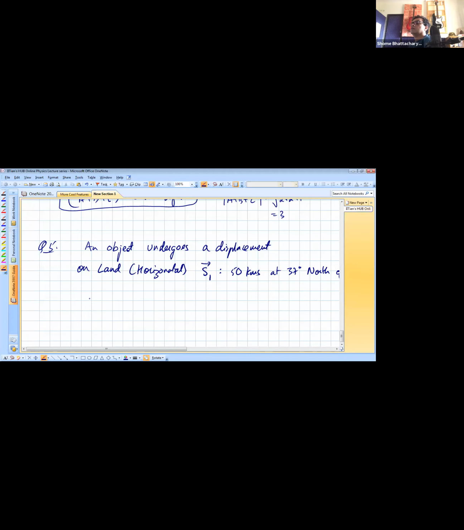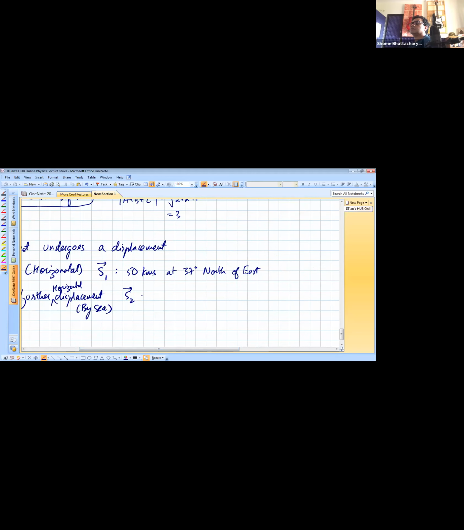Then a further displacement by C, and the further displacement is also horizontal, of S2, and let us say that that displacement is 20 kilometers towards south.